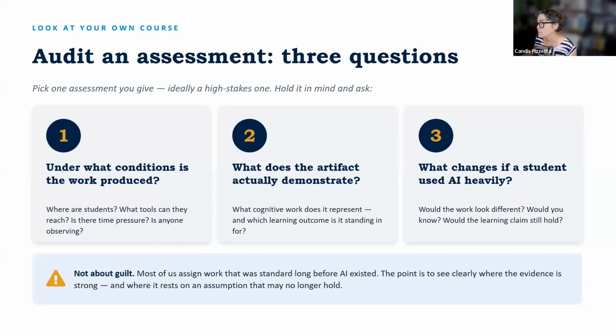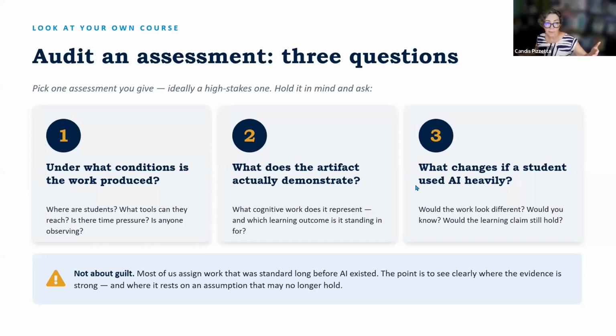I can tell you that for many years I sent home final essay exams. They were produced unsupervised at home. There was no time pressure, because writing quality was really important. But now, a student who is supposed to demonstrate original analysis and synthesis in their writing can use AI to do that. That work can be identical.